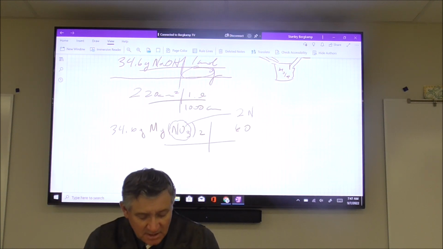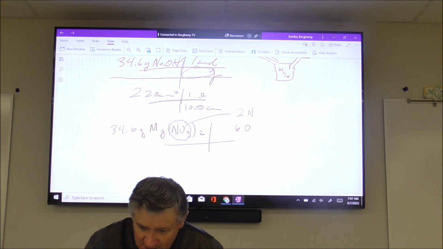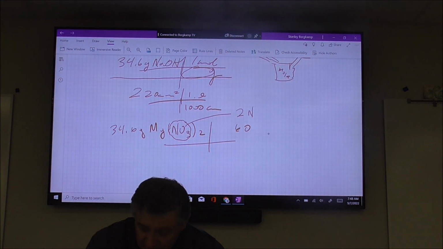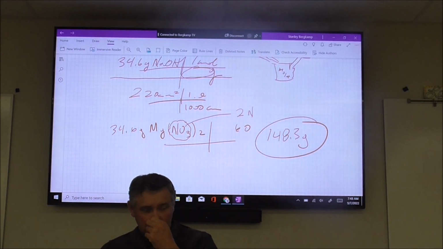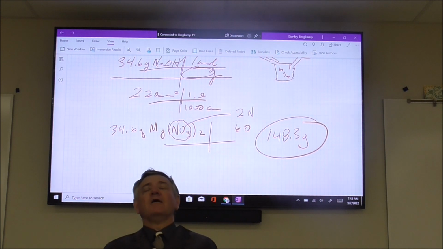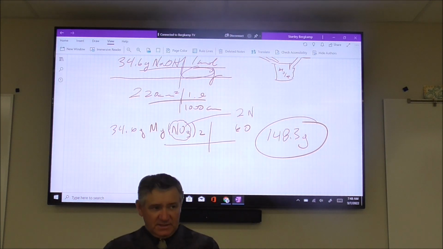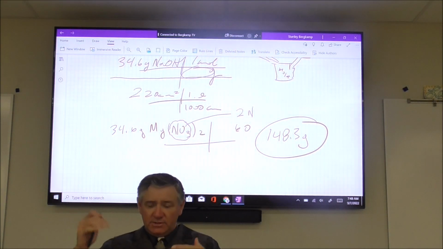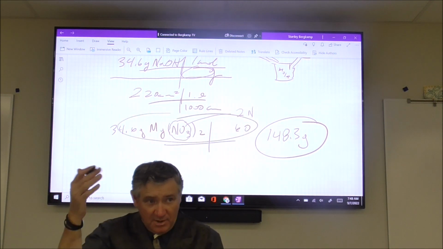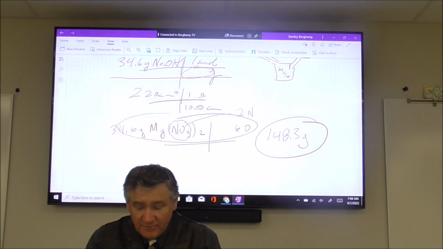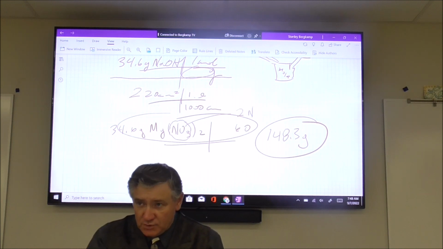So what you should see on number 4, the molar mass of that magnesium nitrate is 148.3 grams. That's what you should have. Now, if you're going to divide and conquer, if you're going to find the moles of the magnesium nitrate by itself, don't round that too much.